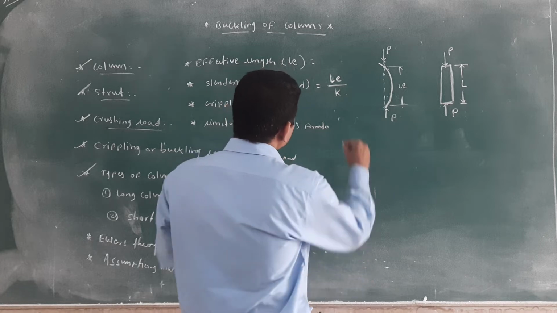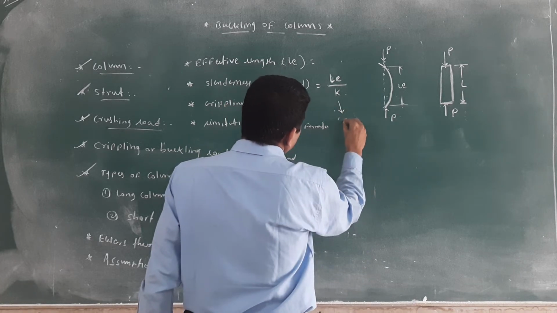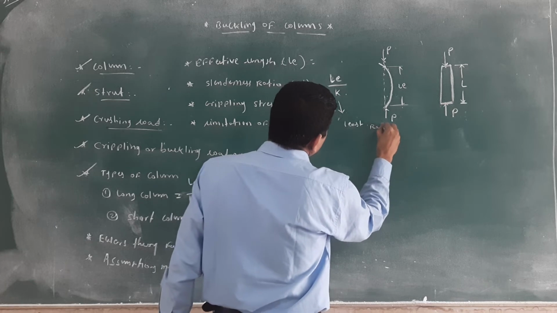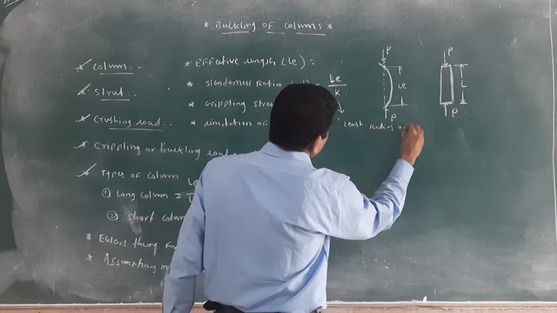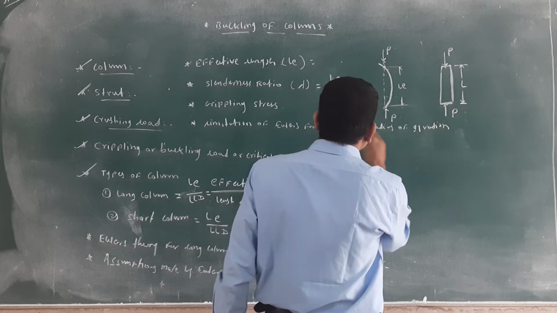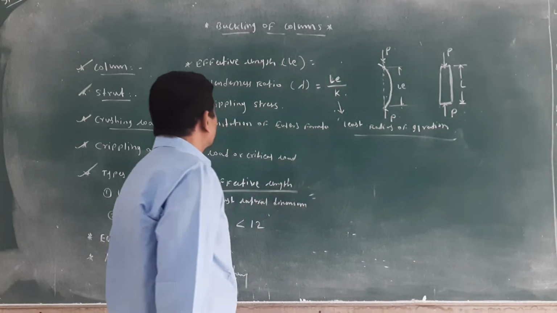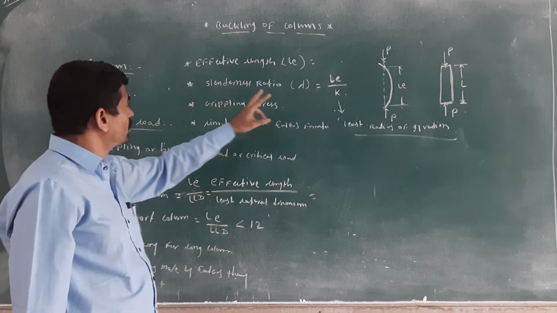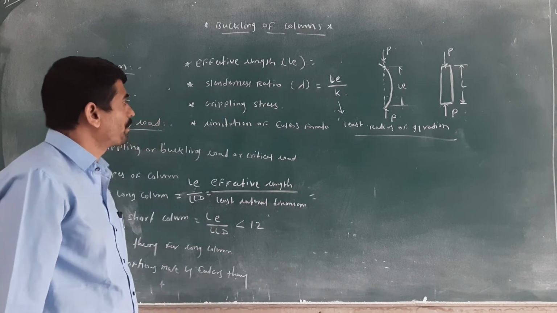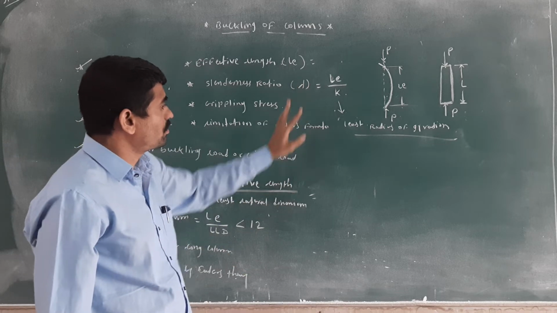LE is the effective length, and k is the least radius of gyration. You should remember this formula.